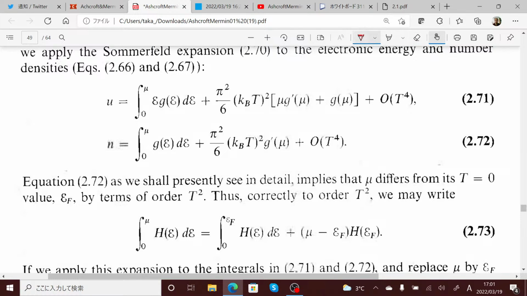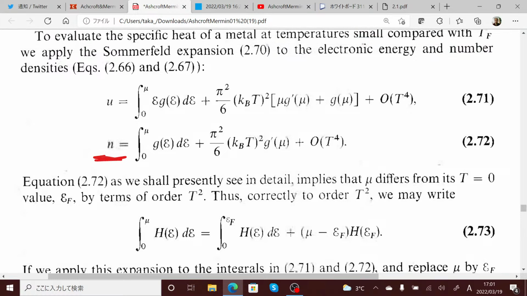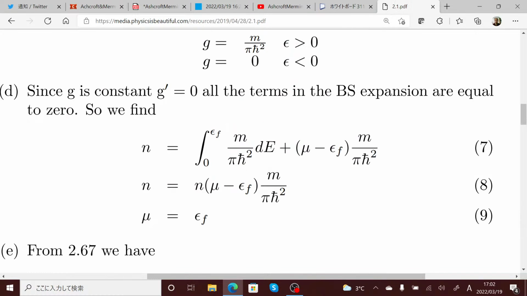If we consider carrier density, then because this is zero. Okay, and mu. Mu, we have to find mu.